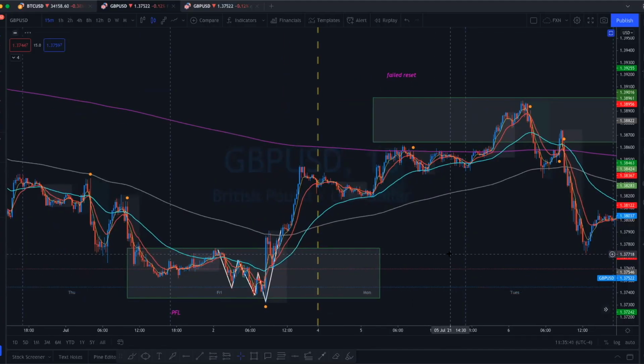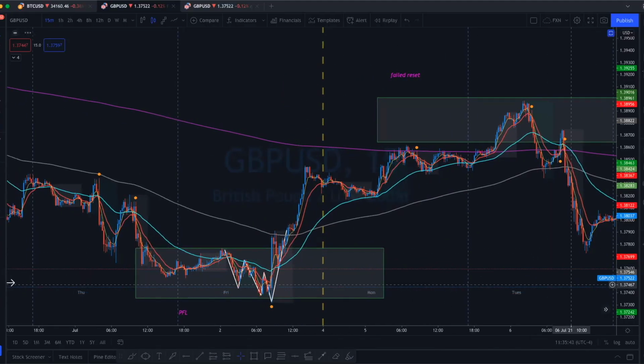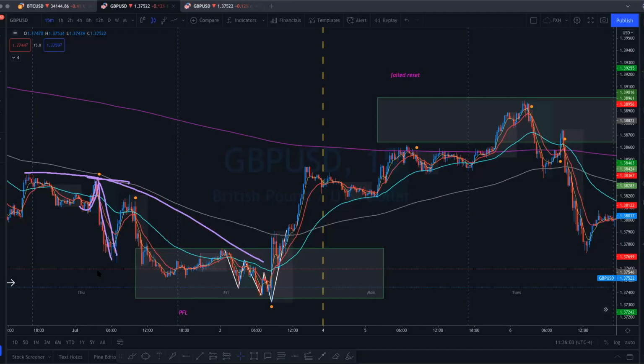If I'm looking for a sell, let's say this right here, I'm looking for a sell here, and I see that the 200 is up here. I wouldn't want price to come up here and pin that 200, because that would just give me a confirmation to take the trade down.